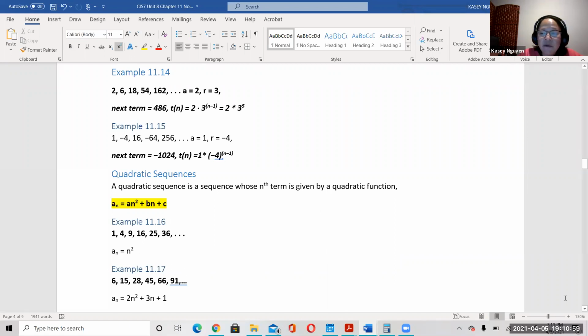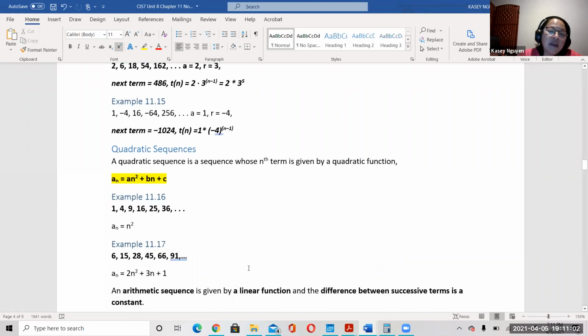And then for your next example, you have 6, 15, 28, 45, 66, and 91. Okay, so going from 6 to 15, how can you represent that? For the first one, when n is 1, if you square the n, multiply by 2, plus 3n plus 1, then you would have 6.